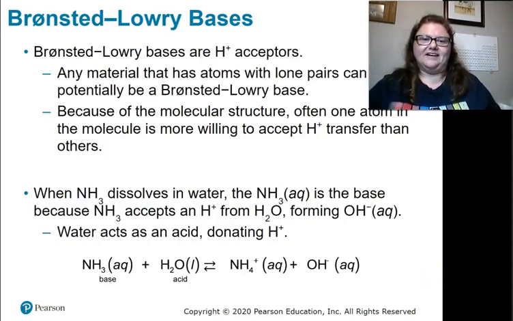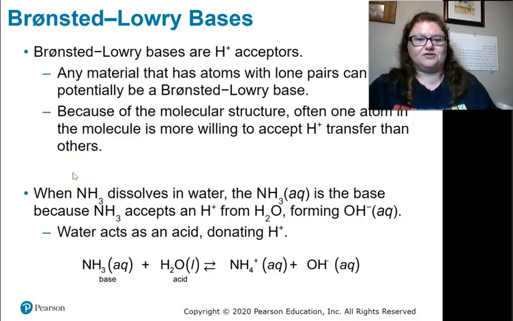Let's take a look at the Bronsted-Lowry base definition. So the base definition is, again, nothing to do with OH like Arrhenius. It's just a chemical that will accept a proton from someone else. And so a typical example here is ammonia, NH3. If we drew the Lewis structure out for ammonia, we would see a lone pair of electrons up on top of that nitrogen.